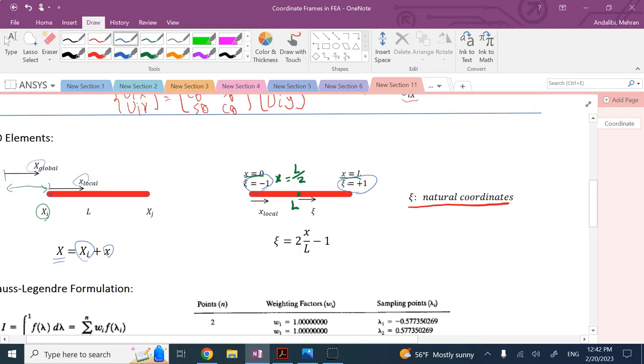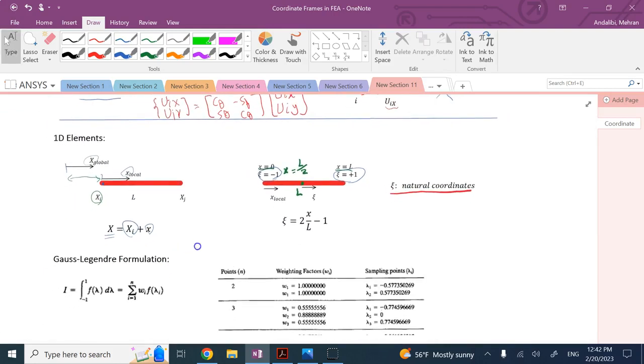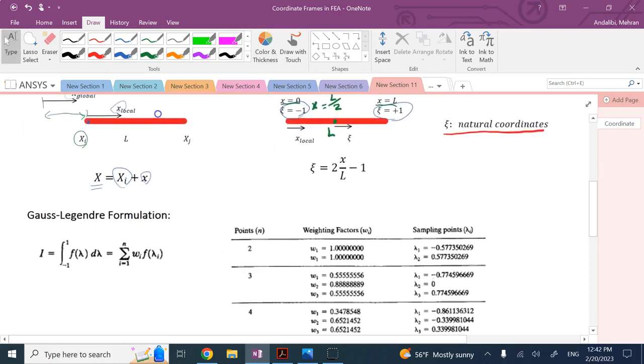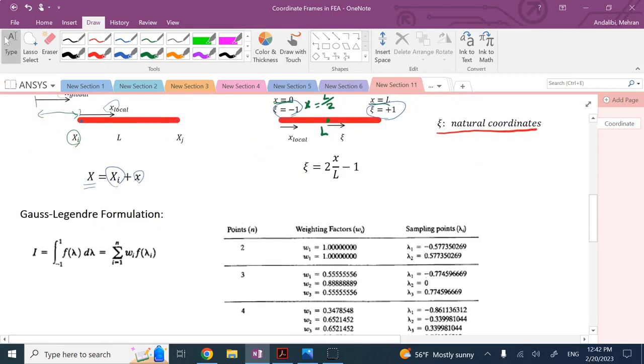And you might say, well, so what? So all you're changing are the limits, right? Instead of 0 to L, it's -1 to 1. Is there any advantage? The advantage comes when you later do some integrals to formulate the finite element problems. And that's one of the next videos that I'm going to post for you, the formulations of FEA, right?